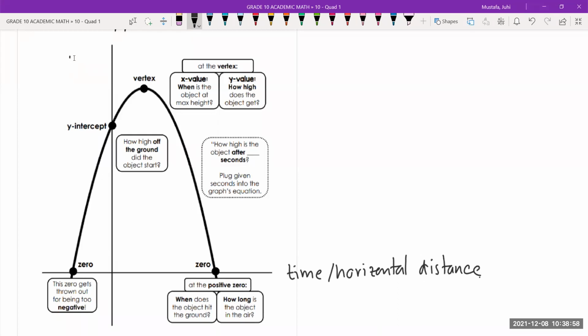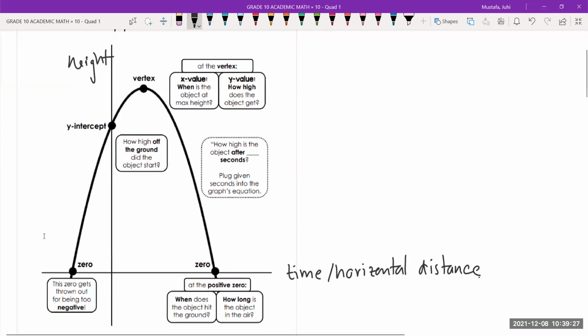On the y-axis, almost always it's the height: how high above the ground is this ball traveling? You can throw a ball and I can ask about the time, like how long did it take to get to the top, or how long to get all the way to the other side. Or with a football, I can ask how far the person threw it down the line, or how high up it got. All sorts of questions like that.